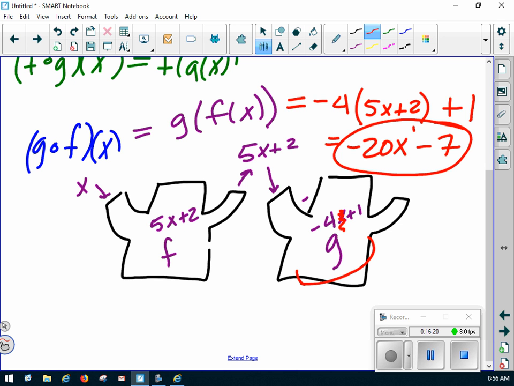When you see an x to the first power, that means linear. The only line that does not have domain and range of all real numbers is a vertical one, because it doesn't use every x value. It only uses one x value, okay? All right, let's move on.